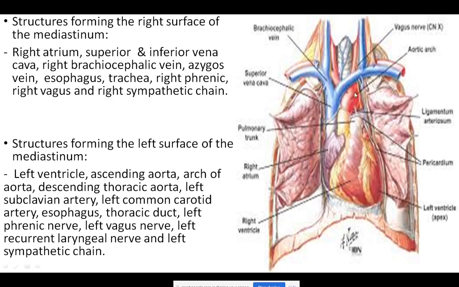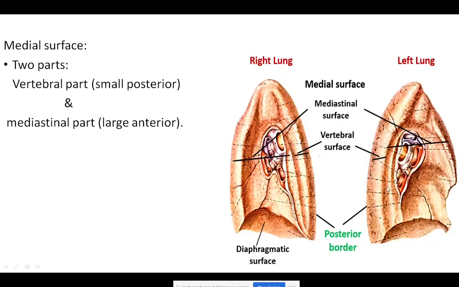This is the ascending aorta, this is the arch of aorta. Then the descending thoracic aorta behind this, around here. Okay, it is related here. Here ascending aorta, then arch of aorta, then descending thoracic aorta.